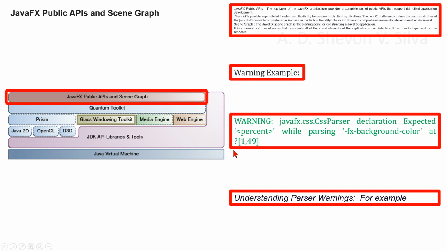The format of the location is URL, line, and position. If the error is found while parsing a file, the file URL will be given. If the error is from an inline style, as in the example here, the URL is given as a question mark.